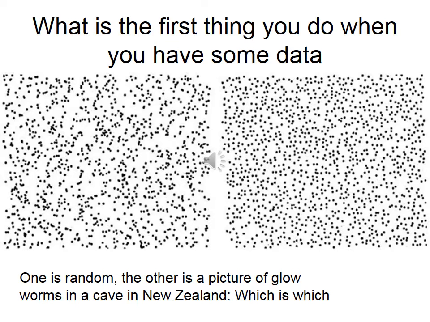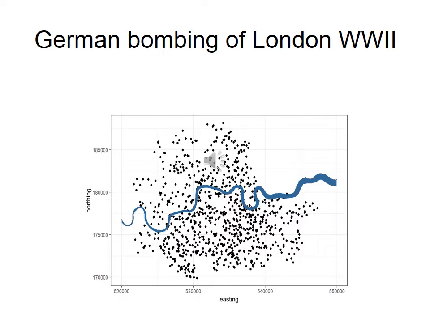So if you have some prior information, in other words, you can actually say something about them, that becomes a critical bit of information about the data. Here is another data set in two dimensions. This is the picture of London.